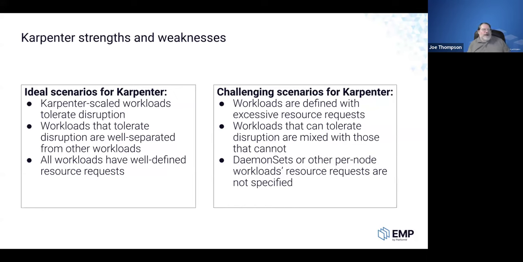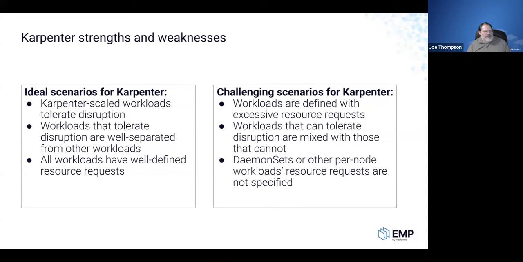One of the things that Karpenter doesn't try to do, a non-goal of Karpenter, so I don't say this is a deficiency because it was never a goal of Karpenter in the first place. If you have a workload that requests a lot more resources than it needs, just like with cluster autoscaler, Karpenter does not try to resize that workload.